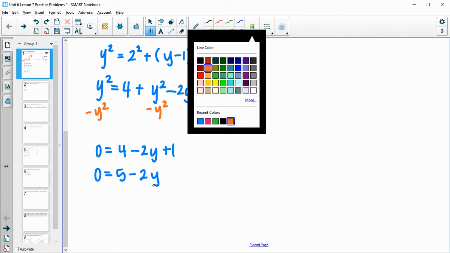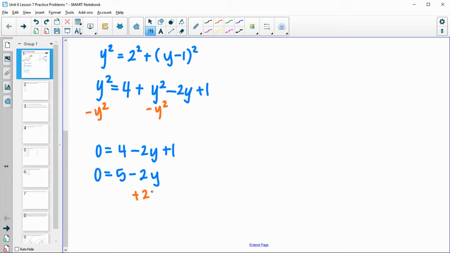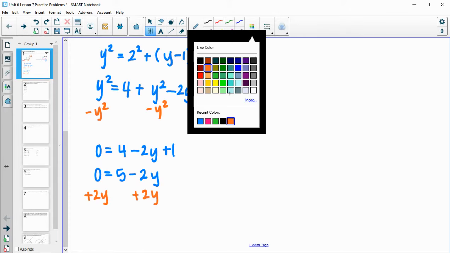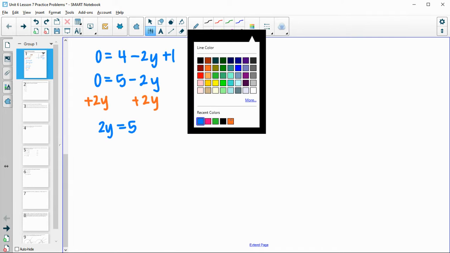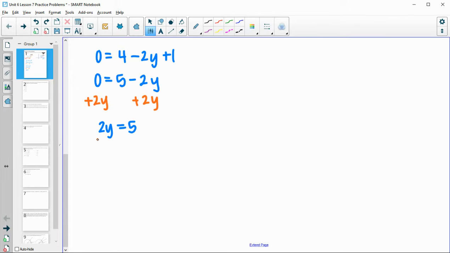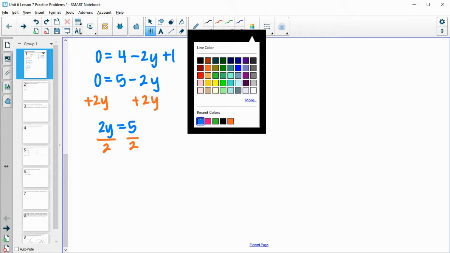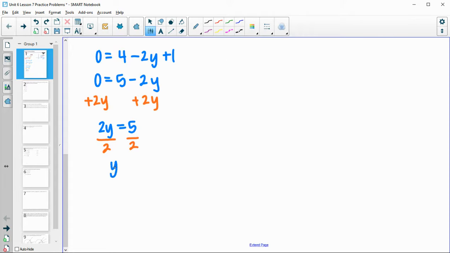Then let's bring the 2y to the other side, so we end up with 2y equals 5. And then to solve for y, we just divide both sides by 2. So we end up with our y value equal to 2.5.